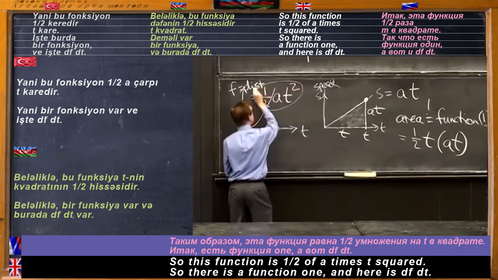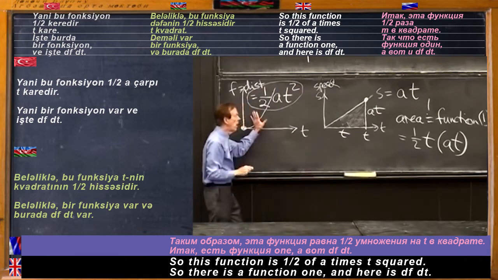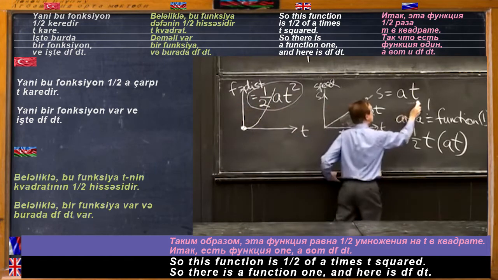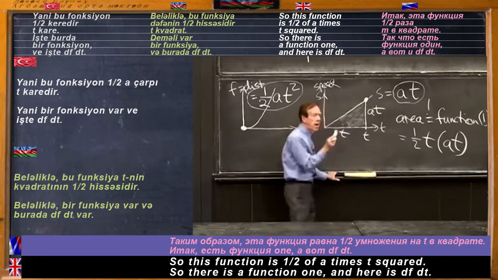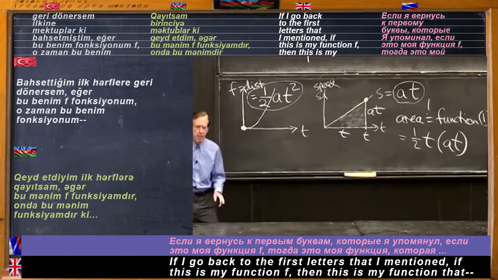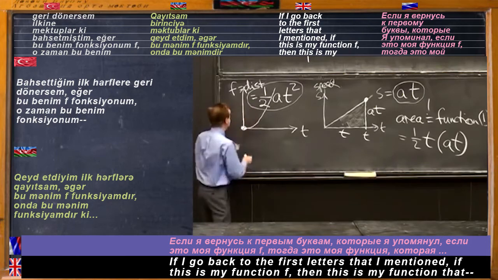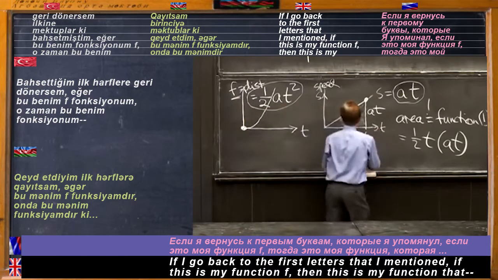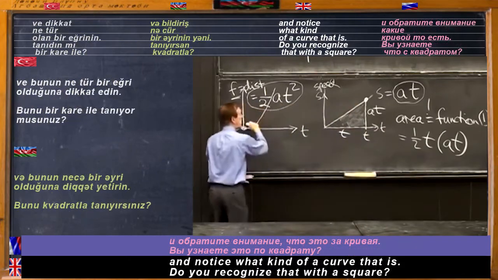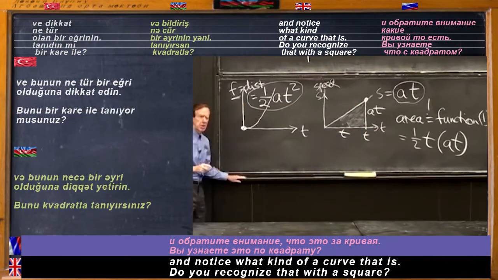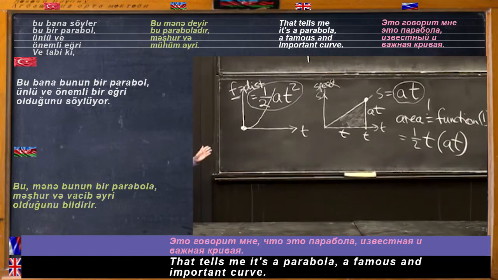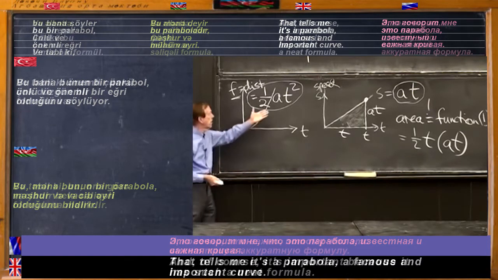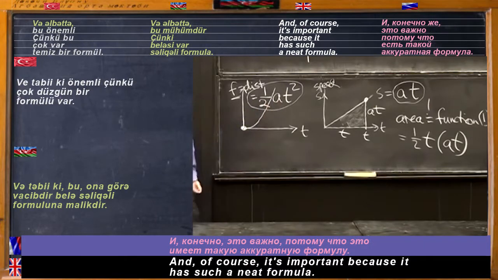So there is function 1, and here is df dt. If I go back to the first letters that I mentioned, if this is my function f, then this is my function. And notice what kind of a curve that is. Do you recognize that with a square? That tells me it's a parabola. A famous and important curve, and of course it's important because it has such a neat formula.